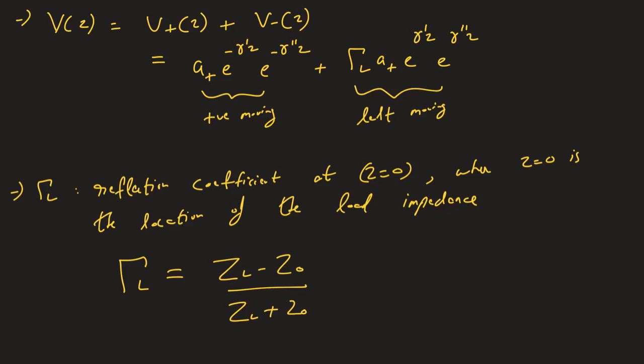So this Z naught, of course, is the characteristic impedance of the transmission line, and this factor of ZL is the impedance of your load.